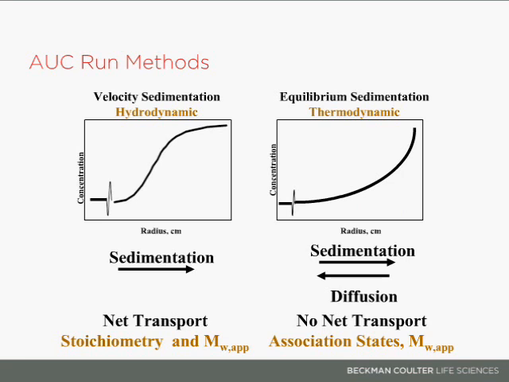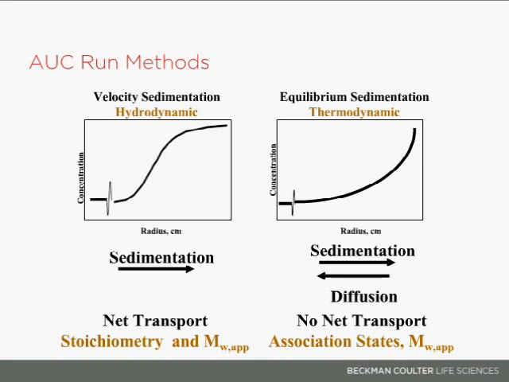Now, the first type of AUC is the Proteome Lab XL-A, and this is the one with the absorption optics. The wavelength can be tuned from 190 nanometers to 800 nanometers. So if you have a nanoparticle sample that absorbs at a given wavelength, you can tune the XL-A to that wavelength.